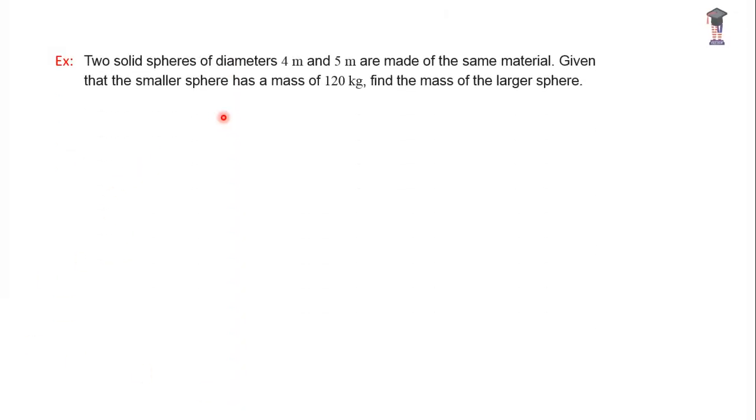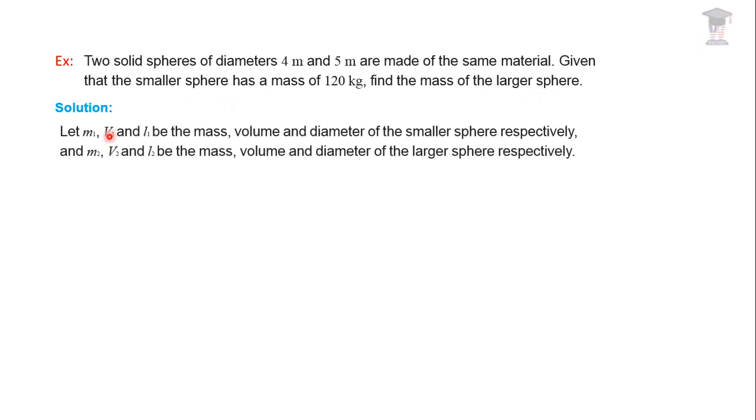Two solid spheres of diameter 4 meters and 5 meters are made of the same material. Given that the smaller sphere has a mass of 120 kilograms, find the mass of the largest sphere. Solution: let M1, V1, and L1 be the mass, volume, and diameter of the smaller sphere respectively, and M2, V2, and L2 be the mass, volume, and diameter of the larger sphere respectively too.